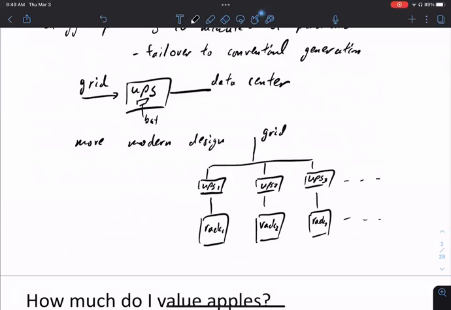This is still not the best design, because here you still have a single point of failure. For example, if this thing goes, I lose a whole rack. I lose all my service jobs, which is not ideal. So how do I improve the redundancy of this?